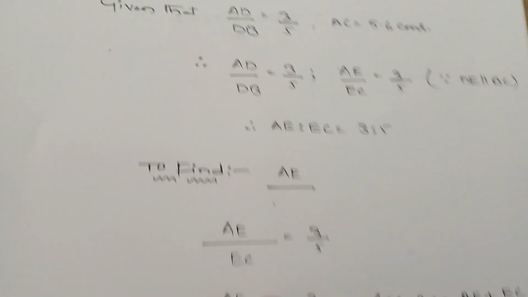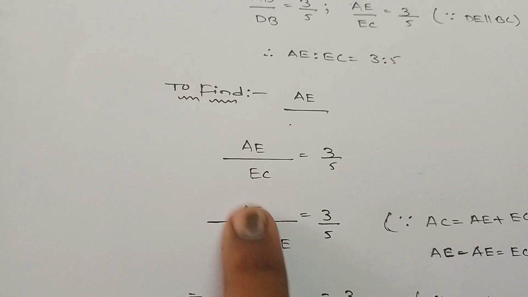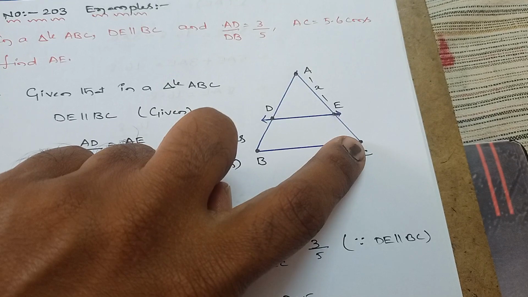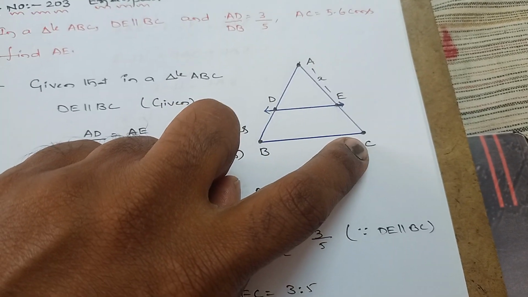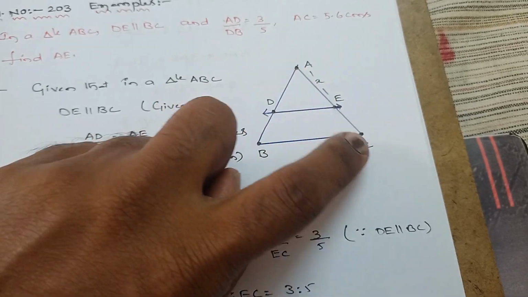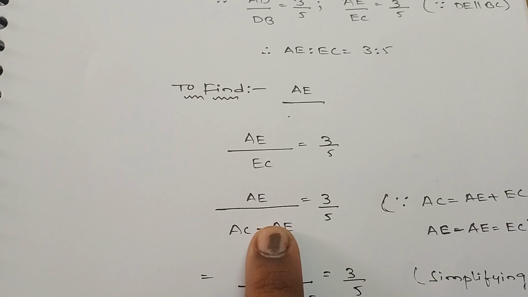That only I mentioned here. Therefore AE by EC can be written as AE by AC minus AE guys, that equal to 3 by 5.